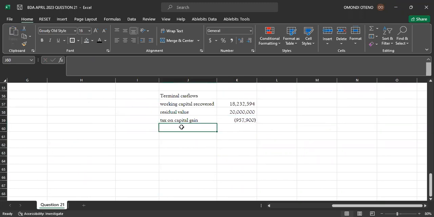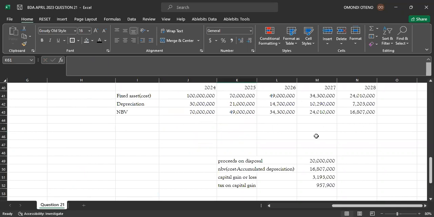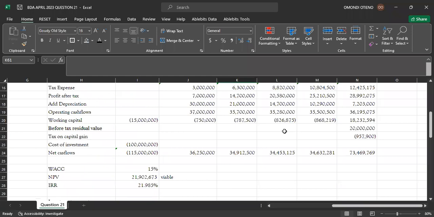So what is now our total terminal cash flow? Our total terminal cash flow is 37,274,694.